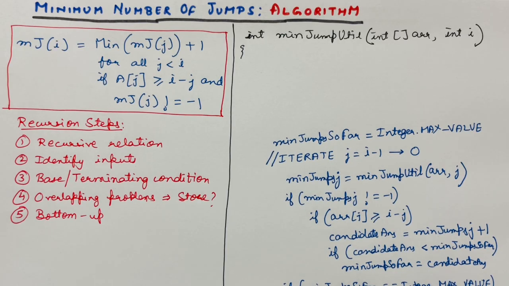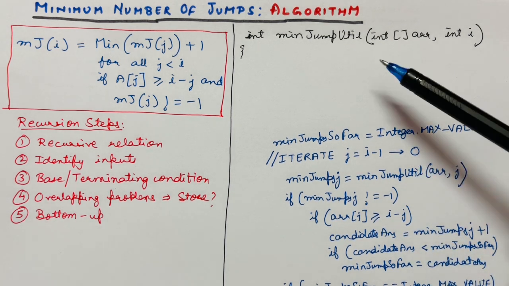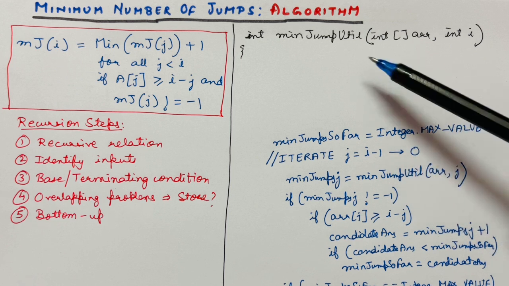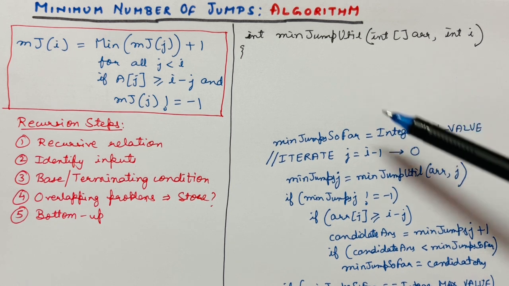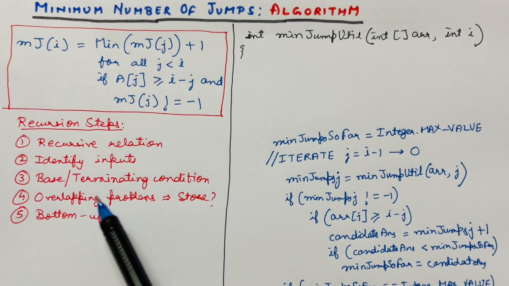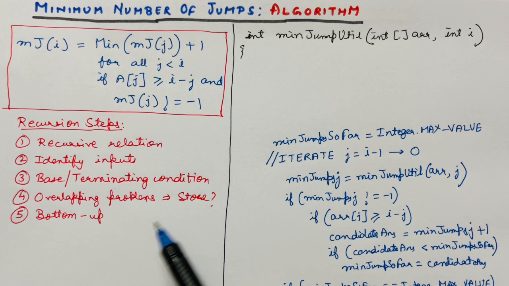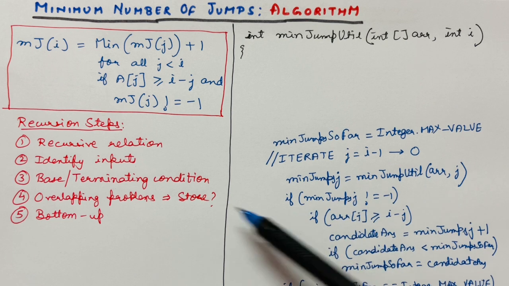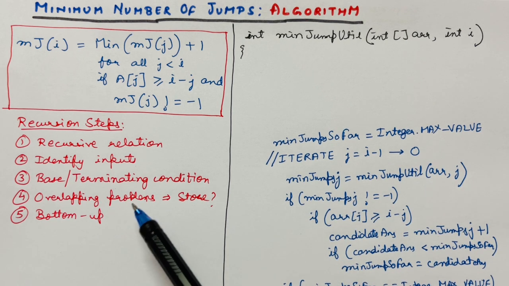But is this complete? No, this is not complete, because here this same method will keep on calling itself and it will go into infinite recursion. So we need something called a base or terminating condition to terminate this recursion. And when is the base or terminating condition reached? It is usually reached when our input is smallest.